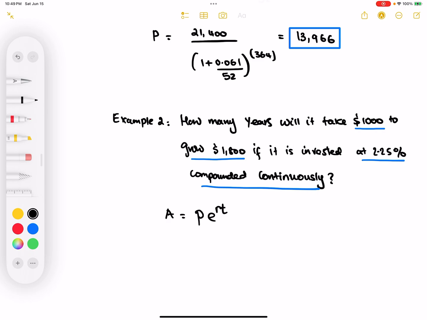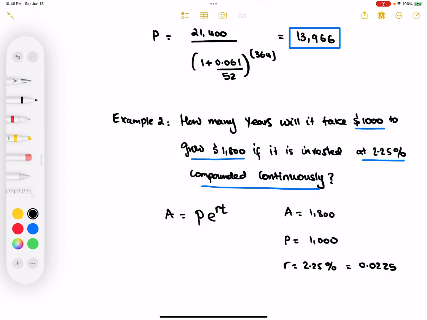Remember, e is the base of natural logarithm. Your goal is to get 1,800, invested initially 1,000, and the rate is 2.25%. So this is 0.0225, right?